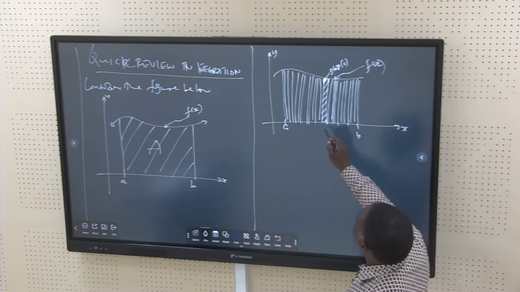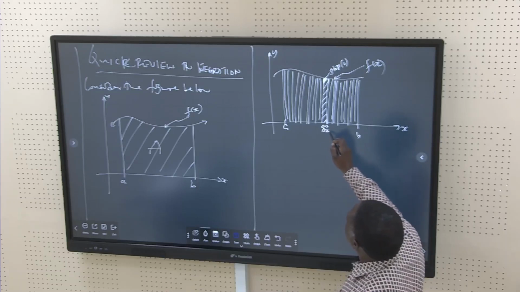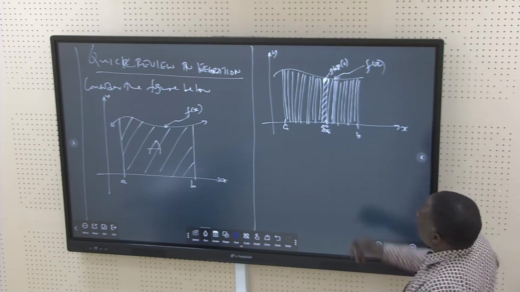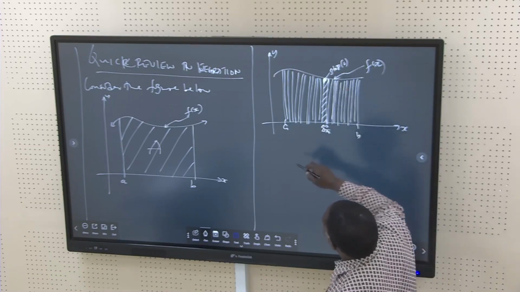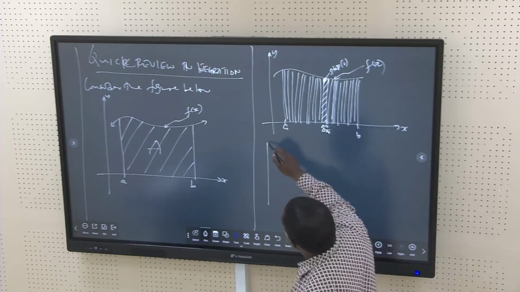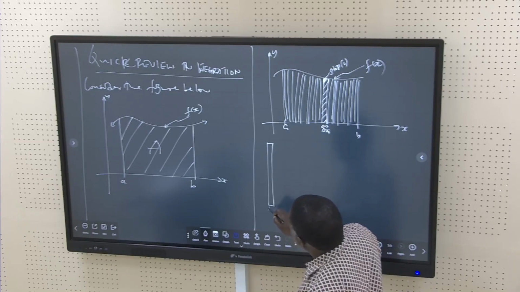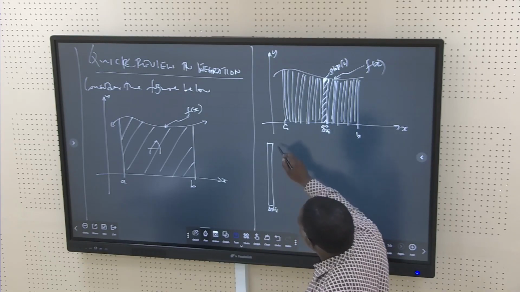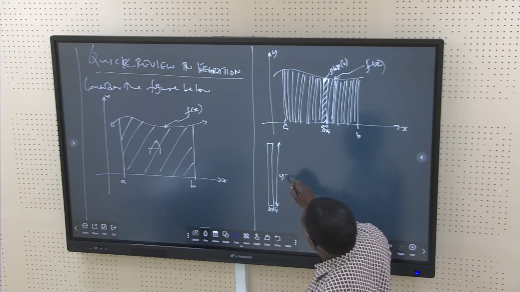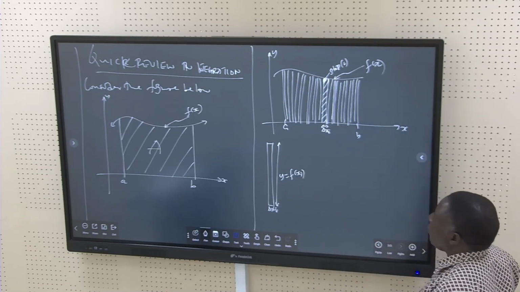This strip has width delta xi, and its height y equals f of xi.